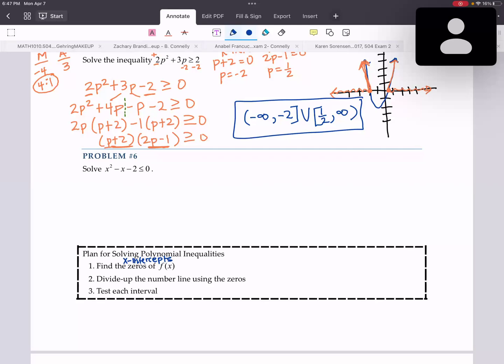And then I didn't teach you this test interval. You will get to that more in 1050, but everything that we're dealing with in this one is either going to be a right side up parabola or an upside down parabola. So using the little interval thing isn't necessary.